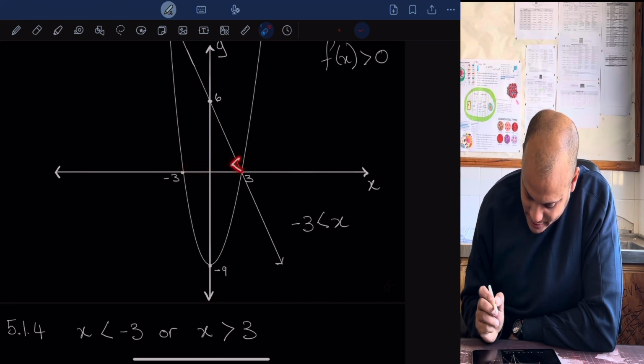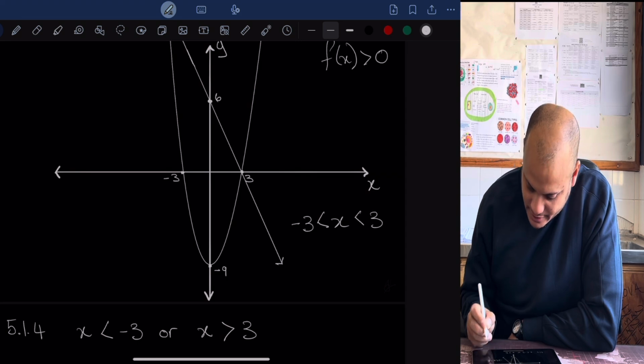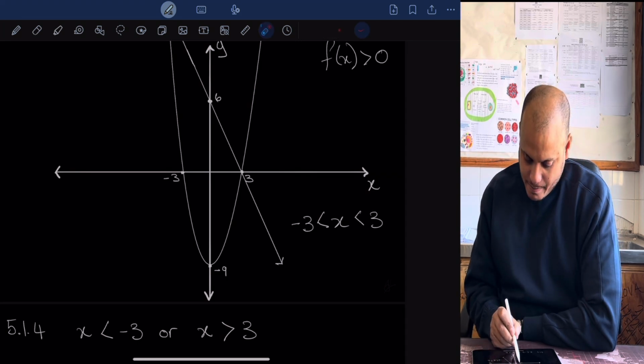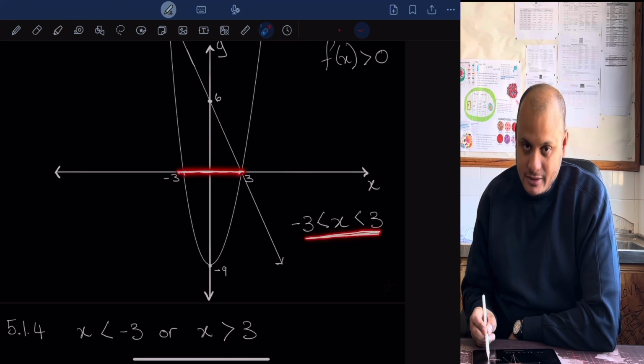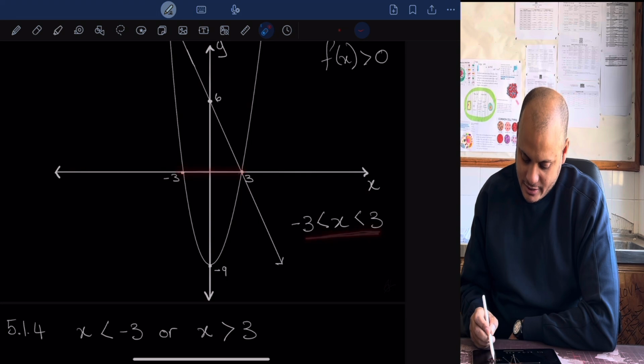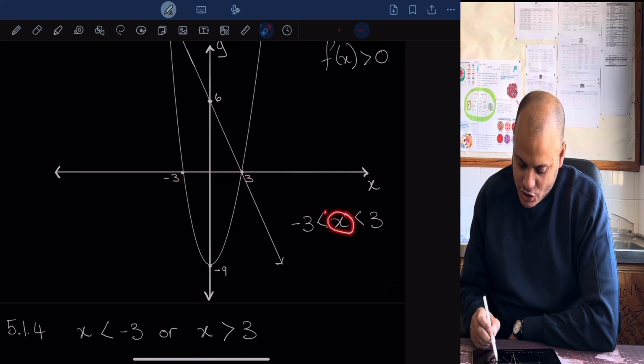So less than +3. In other words, this continuous portion between two values corresponds to how I write it here. I have one continuous set of x values between -3 and 3. So my x is written between -3 and 3.